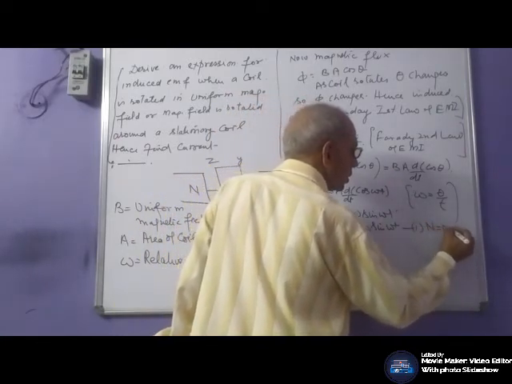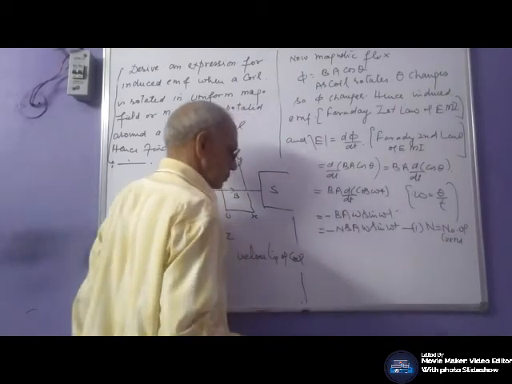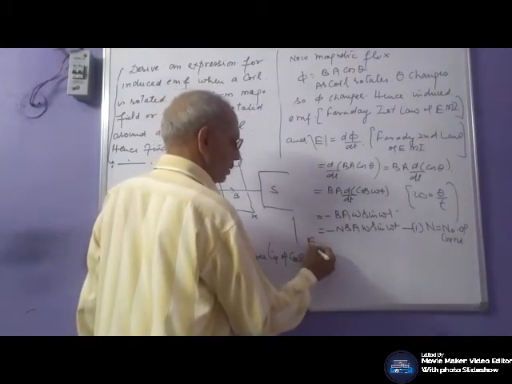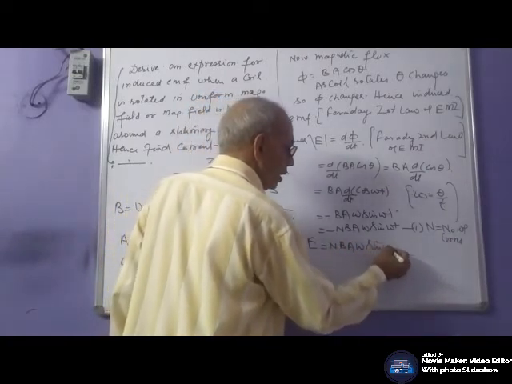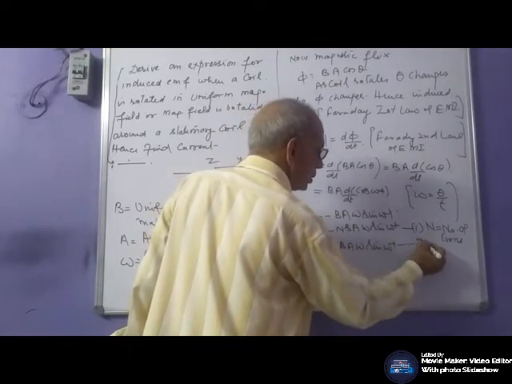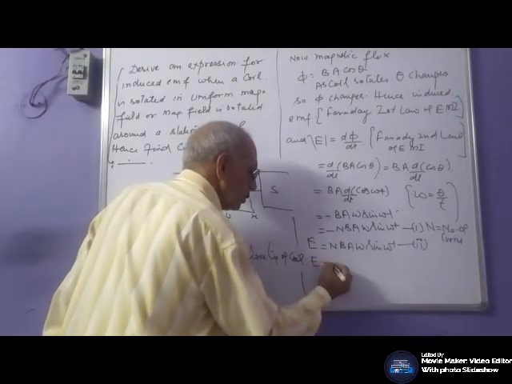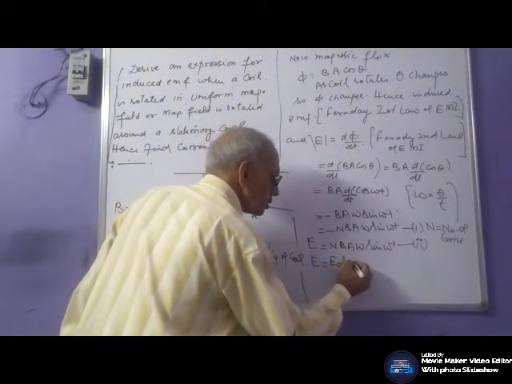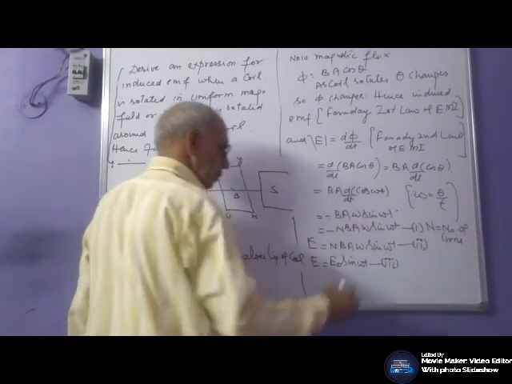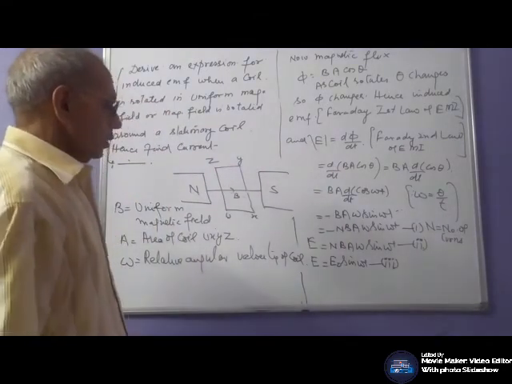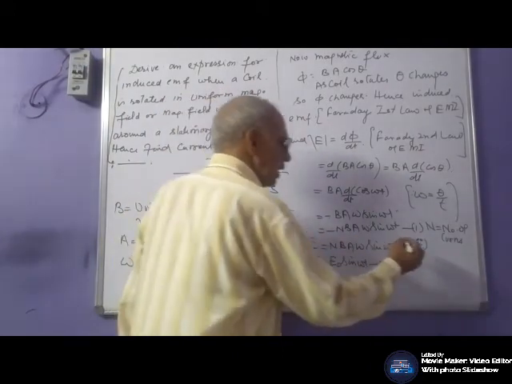With n number of turns, E is n BA omega sin omega t, or E naught sin omega t. So why minus becomes plus here? Lenz's law.